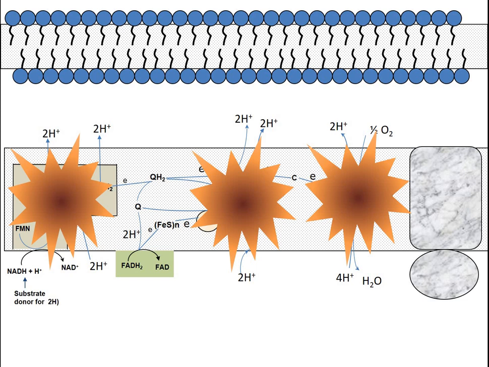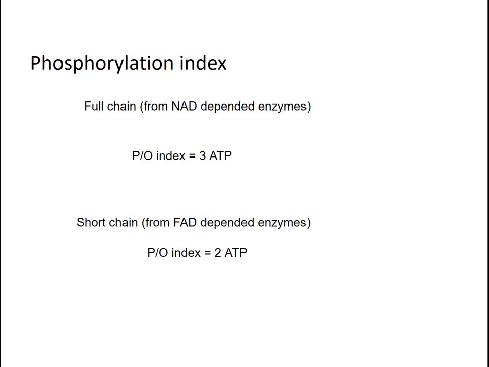That's why we may characterize the respiratory chain working. It may be presented by the following characteristic. The first is the phosphorylation index.